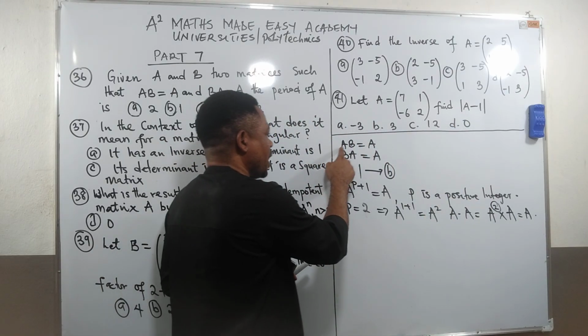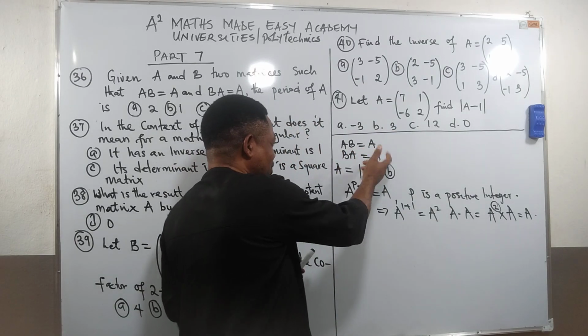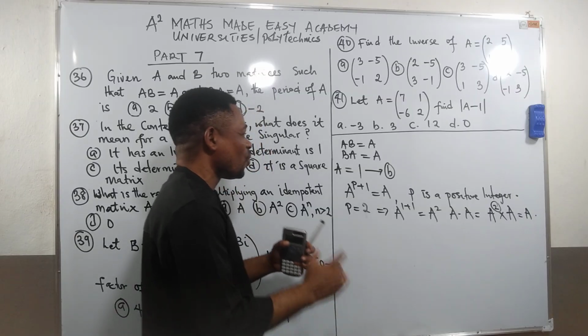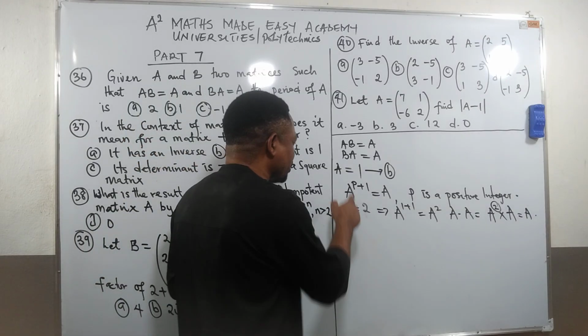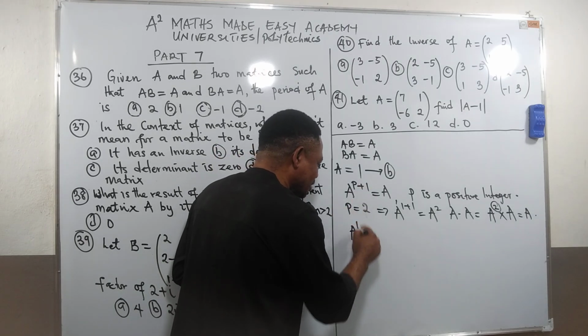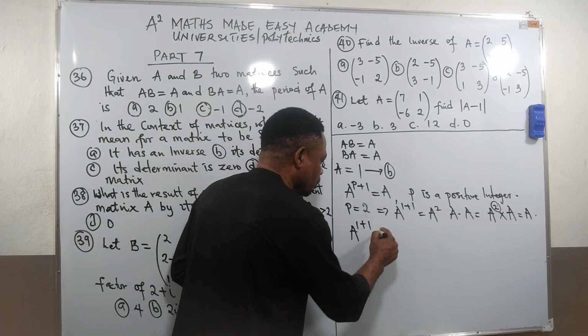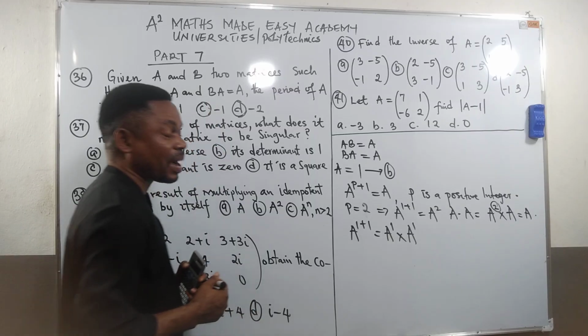But here now, when AB is multiplied and the result is A, and when BA is multiplied the same result is A, what is it trying to portray to you? Based on the formula, A raised to power P has turned to be 1, then plus 1, which is A raised to power 1 times A raised to power 1 in indices. Am I communicating now?